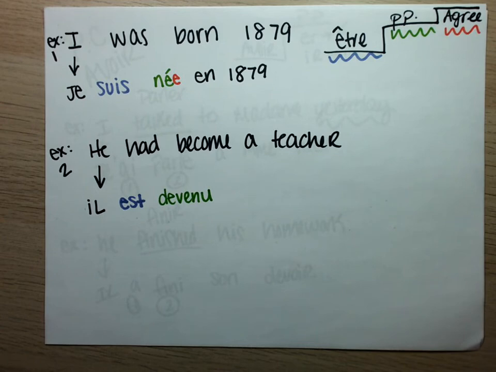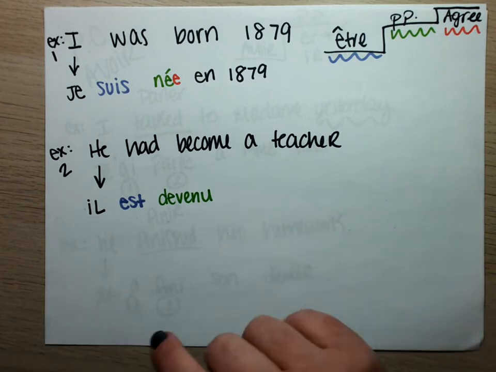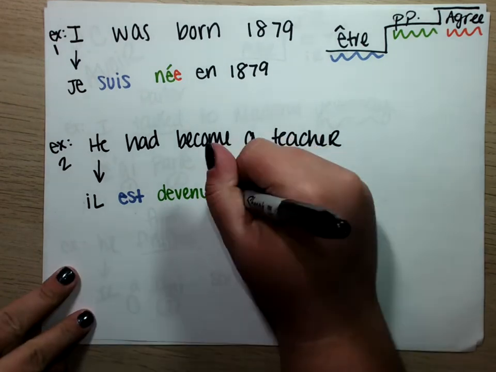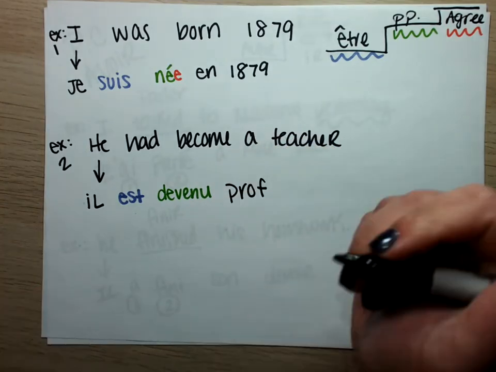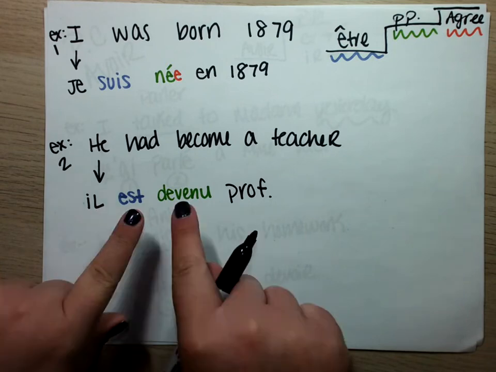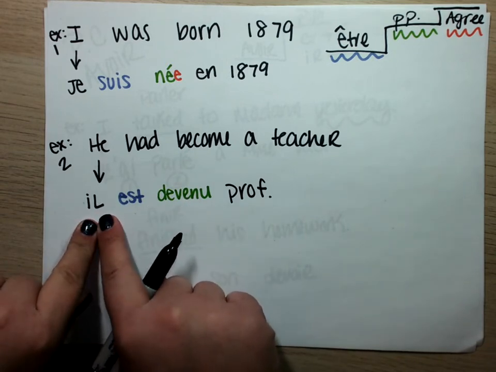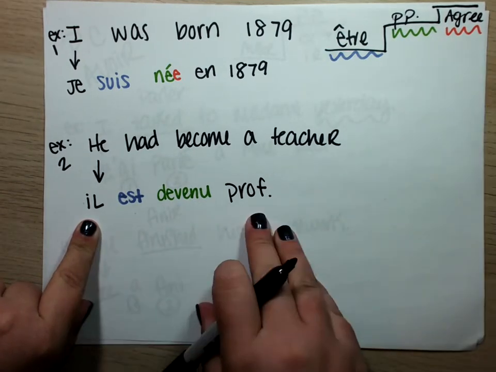Now you could really be very literal and say il est devenu un prof. But in French, we don't really talk like that. So we just say il est devenu prof. We could also say professeur, but Madame is feeling a little lazy today, so I'm going to abbreviate it. Now, because we're talking about just one singular boy, we do not need to make an agreement. So we can skip that step and we are done.